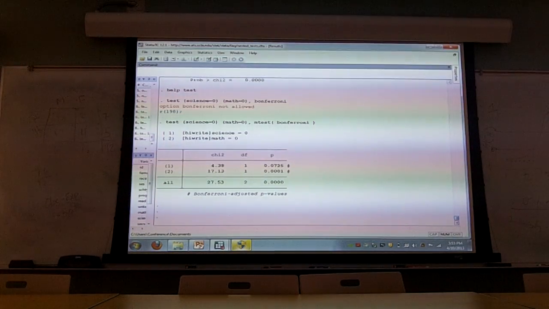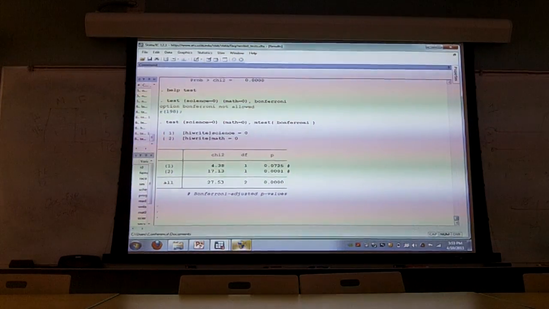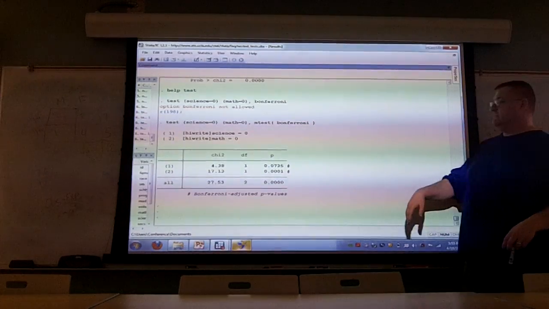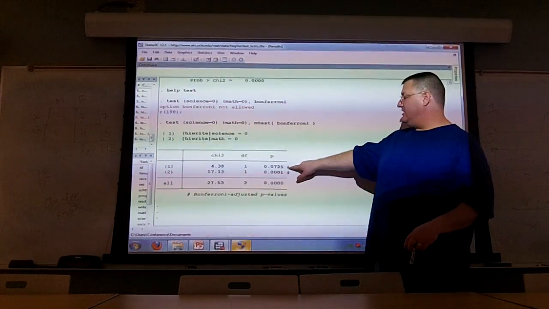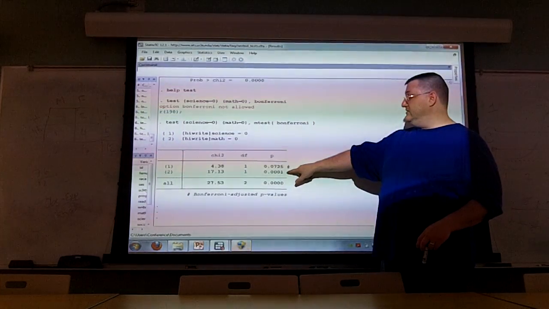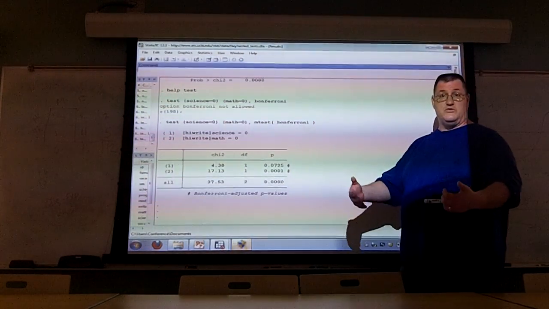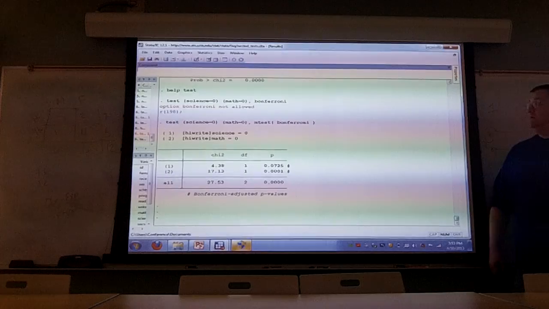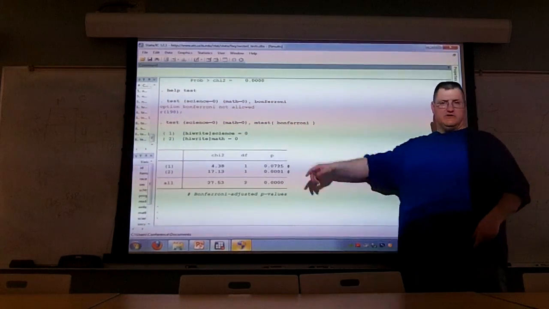So if I adjust these tests for multiple comparisons, then we would say science is not significant, but math is, taking into account the multiple comparisons. This mtest is new in this version.